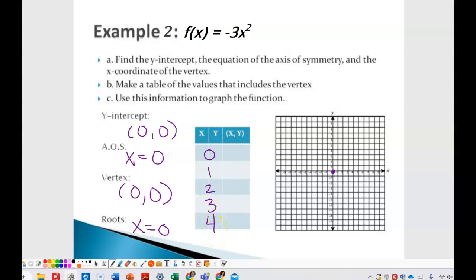So all my perfect squares are going to get multiplied by -3. So that 0, 1, 4, 9, 16 all get multiplied by -3.